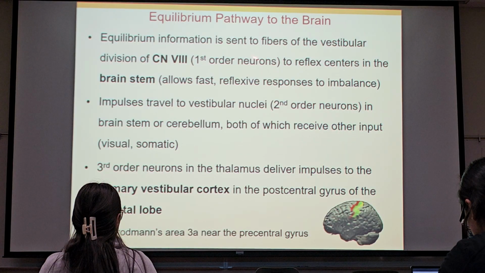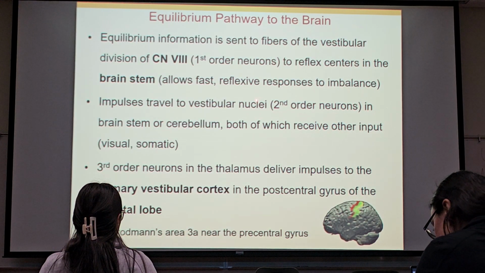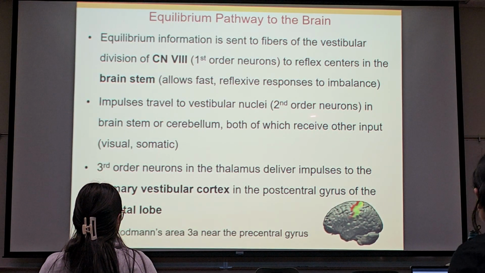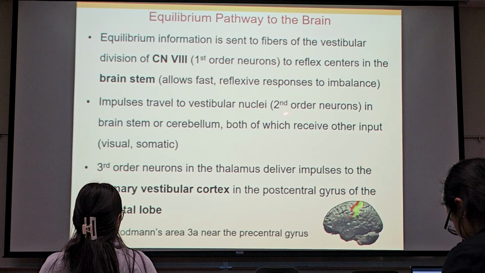That's the first order of neurons, okay? To a whole new set of neurons, the vestibular nucleus. And that's the next step in the traveling of this electrical information via neurotransmitter, right? Transmitter gets released from these guys onto these guys.